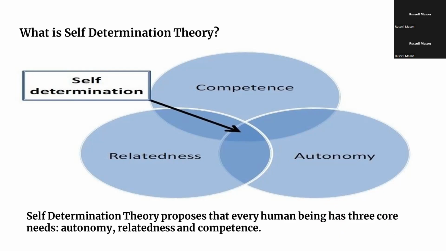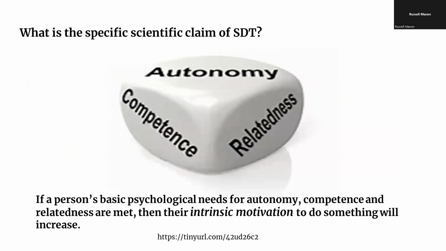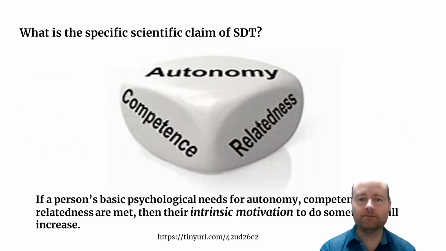So we are going to look at all 3 of these. The theory proposes that when our basic psychological needs for autonomy, competence, and relatedness are met by the environment, then intrinsic motivation will increase. So intrinsic motivation is quite important here.